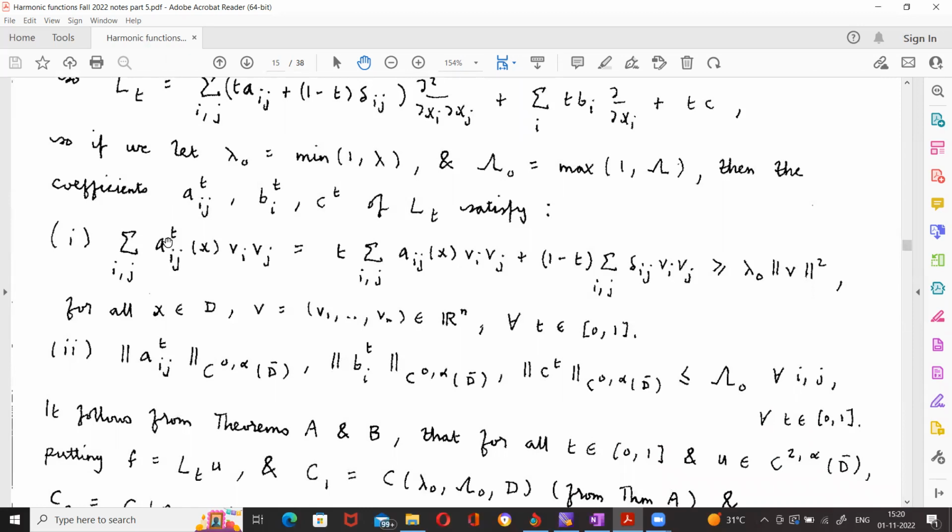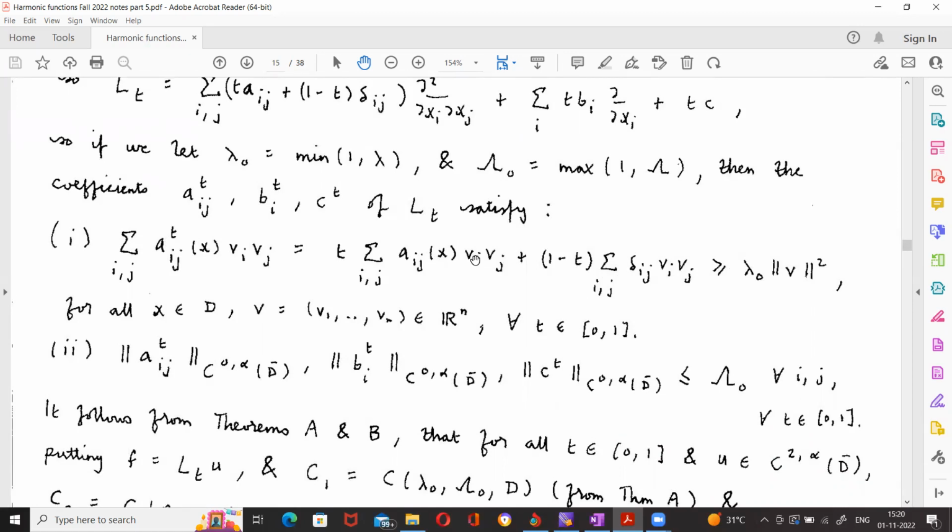So let's look at the ellipticity constant for Lt. The summation Aij t x Vi Vj is going to be t times summation Aij x Vi Vj plus 1 minus t times summation delta ij Vi Vj. So the first term is greater than t lambda norm V squared, and this plus 1 minus t norm V squared.